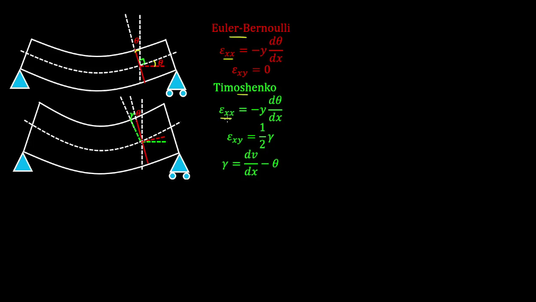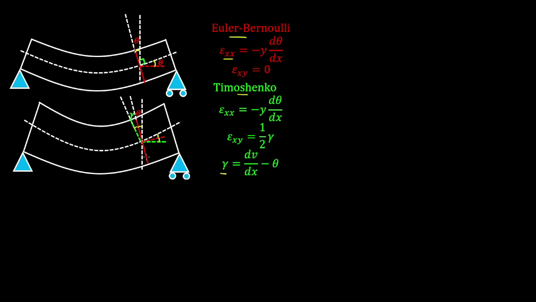Whereas for the Timoshenko beam, we had bending, which rotates the neutral axes and the cross section, and shear, which further rotates the neutral axes without rotating the cross section. So for the Timoshenko beam, plane sections remain plane, but not perpendicular to the neutral axes after deformation.